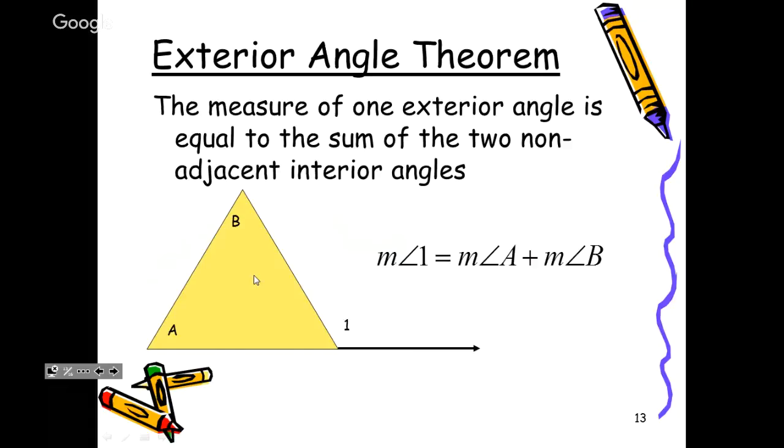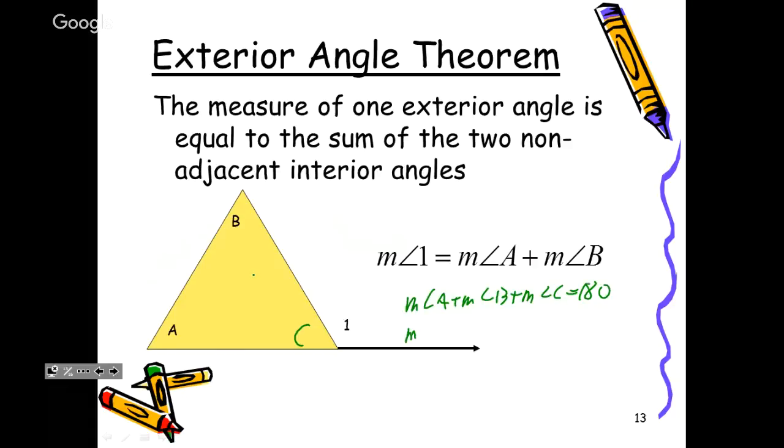So I'm going to write this over here on the side, but I'm going to show you why this works. If we call this angle down here C, and we have angles A, B, C, and 1, we know that the measure of angle A plus the measure of angle B plus the measure of angle C equals 180 based on the triangle sum theorem.